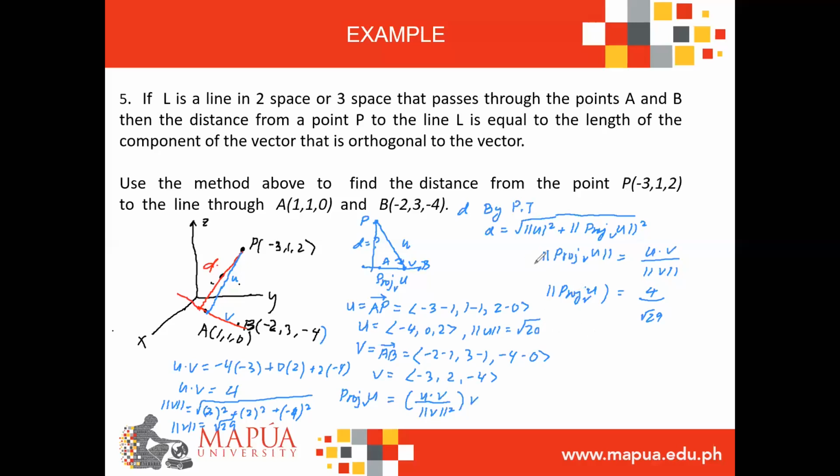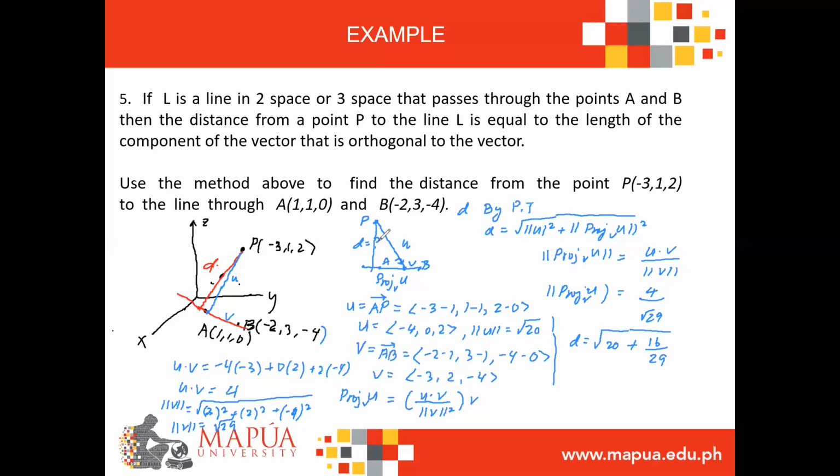With that, we can now define the distance to be equal to the magnitude of U squared, that is the square root of 20 squared, that is now 20. Then you also have to square this, that is 16 all over 29.